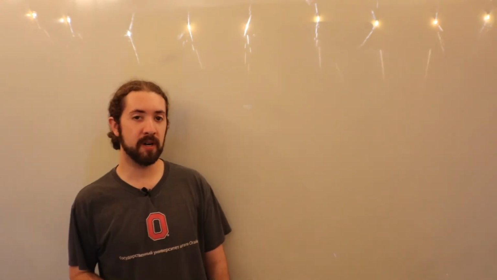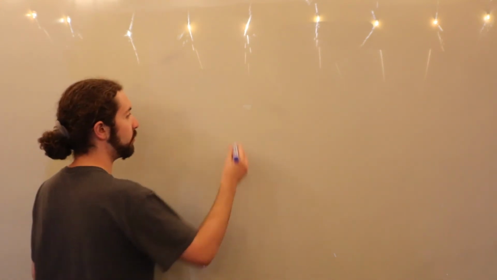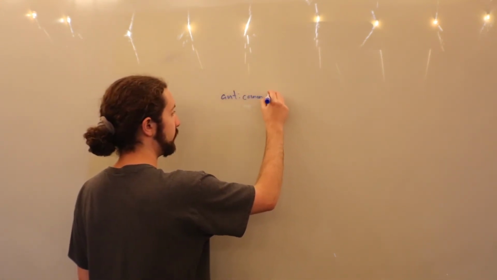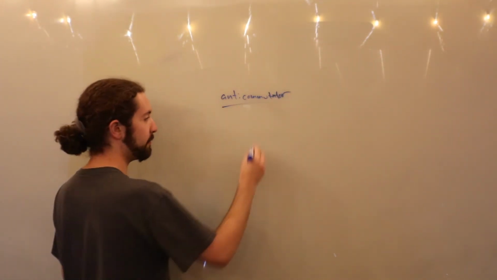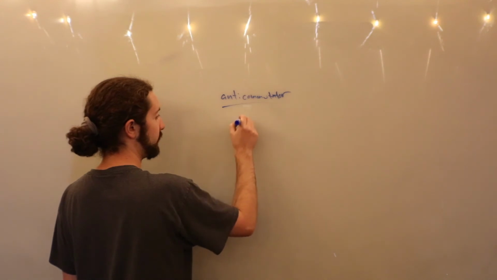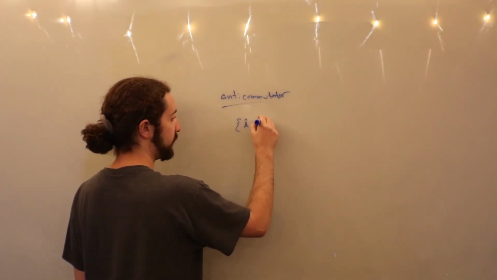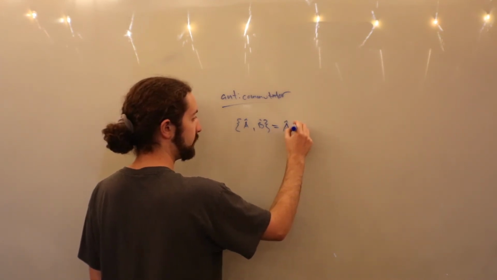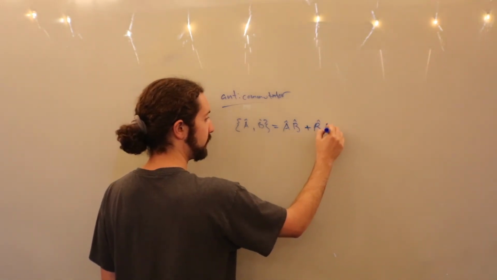So a very similar idea that'll give you more practice doing matrix operations is going to be the anti-commutator. It's exactly how it sounds. It's the opposite of a commutator. It is going to be curly brackets. {A hat, B hat} is going to be equal to A hat B hat, not minus, but plus B hat A hat.